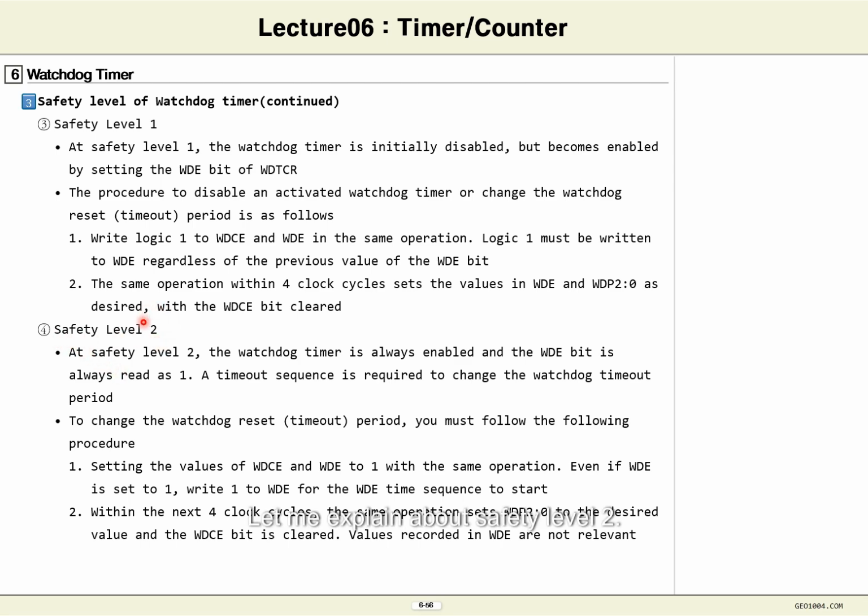Let me explain safety level 2. At safety level 2, the watchdog timer is always enabled, and the watchdog enable bit is always read as 1. A timeout sequence is required to change the watchdog timeout period.